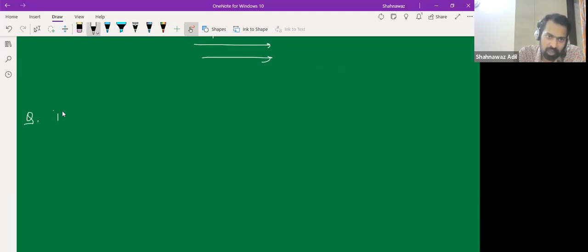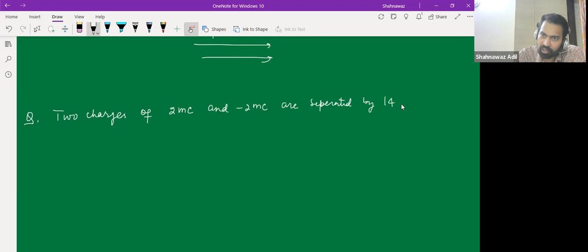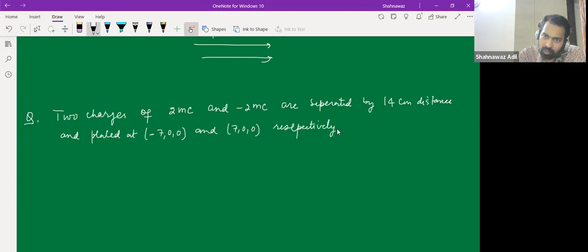Two charges of magnitude, let's say, 2 millicoulomb and minus 2 millicoulomb are separated by a distance of 40 centimeters, and placed at minus 700 and 700 respectively, in the presence of an electric field which is, let me write, A over r square.